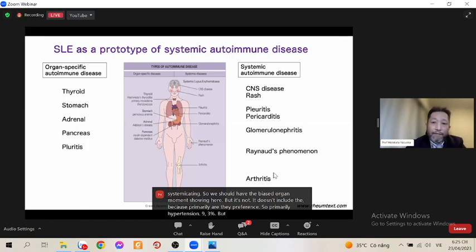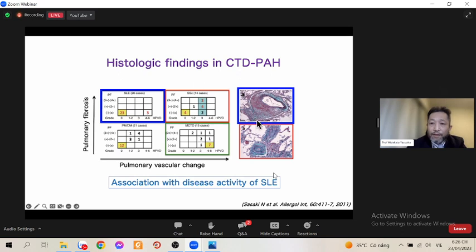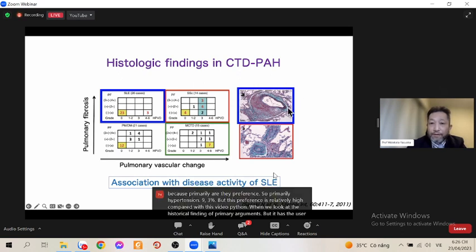But this prevalence is relatively high compared with idiopathic pulmonary arterial hypertension. When we look at the histological findings of the pulmonary artery, the blue slide shows SLE. SLE doesn't have pulmonary fibrosis or pulmonary vascular change, but it has immune cell infiltration, suggesting that SLE-PAH is associated with the disease activity of SLE.